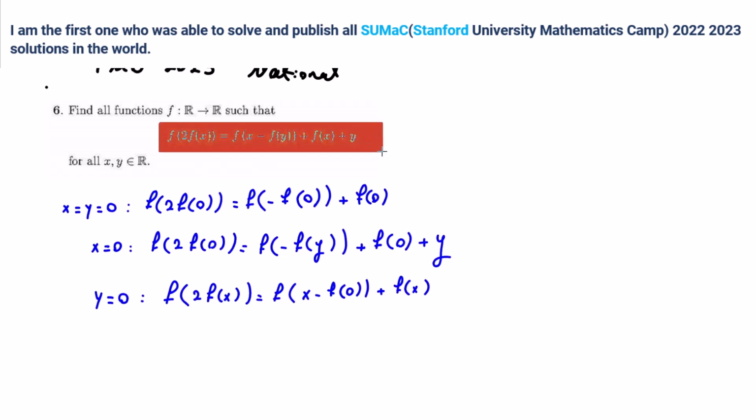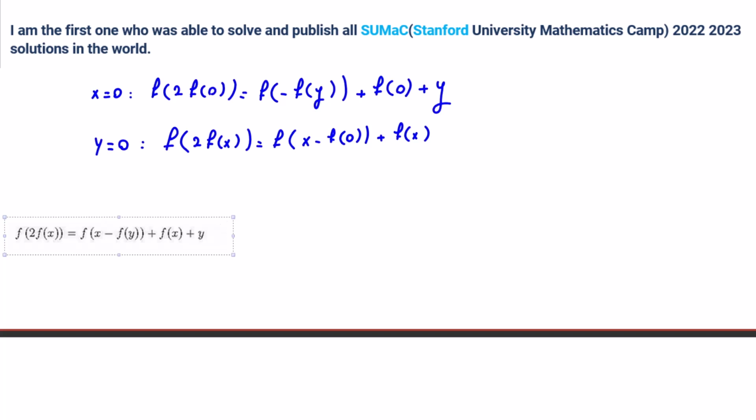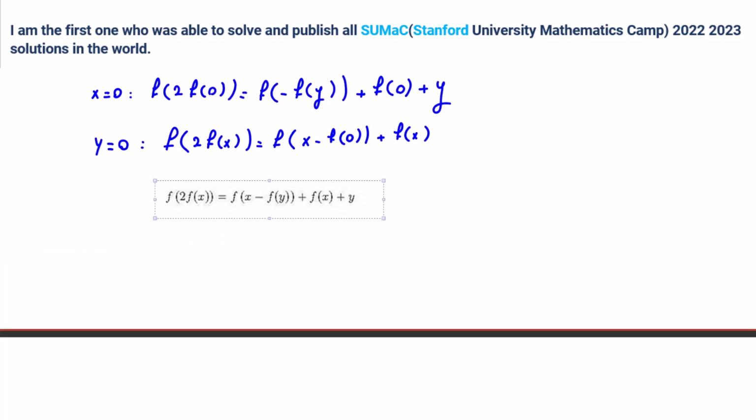We can have the same x but change only y, right? So y, for example, is equal to z. So f of 2 f of x is equal to what?